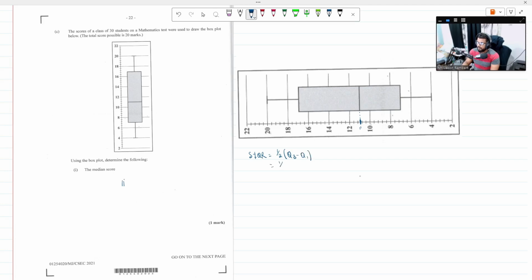From what I'm reading off here, Q3 looks like 17, and Q1, I want to say 7. 17 minus 7 is 10. Half of 10 is 5.